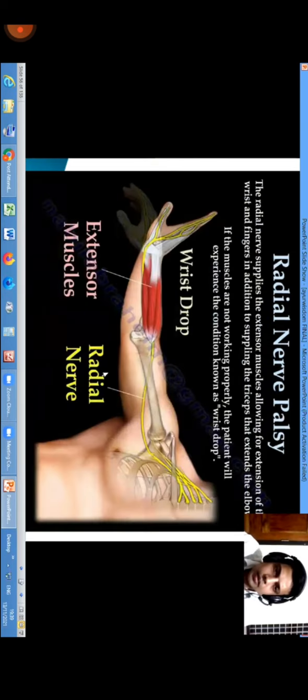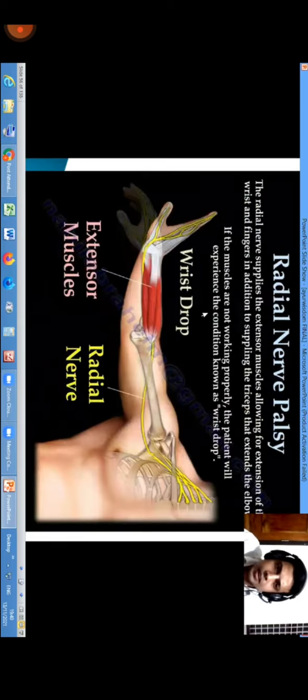Then coming to radial nerve palsy. Radial nerve injury results from an acute trauma or compression of the radial nerve. Here we can see the path of the radial nerve. In radial nerve palsy, it happens by pressing the shoulder across a chair or crutches.